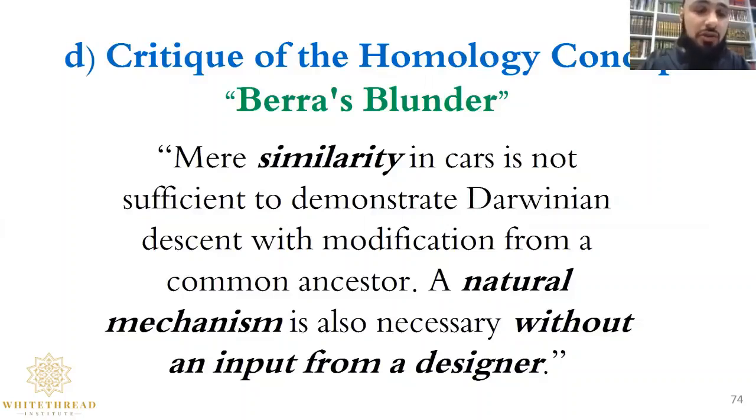You need to be able to show a natural mechanism that's also working without an input from a designer, right? So he showed the similarity, but he missed the more important point. That similarity is an assumption in Darwinian theory anyway. It's a fact that you have to embrace. But the mechanism that leads to that fact, the different models of the car, doesn't prove that. So what's the mechanism they actually show to prove this point?